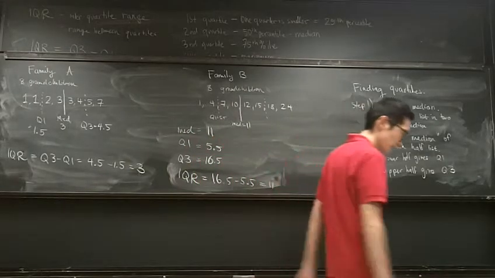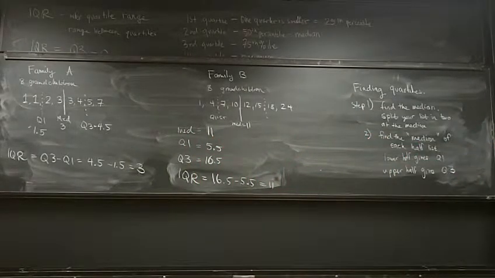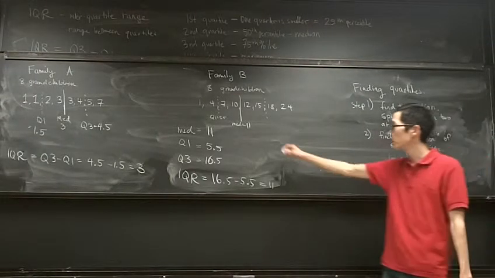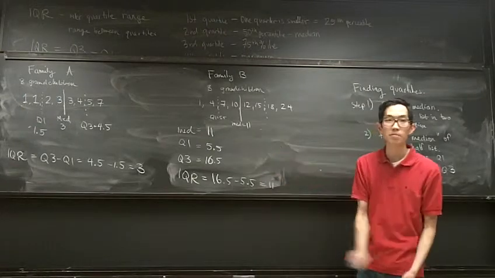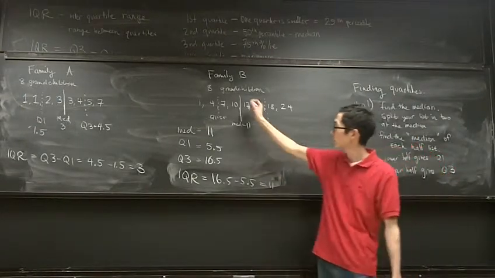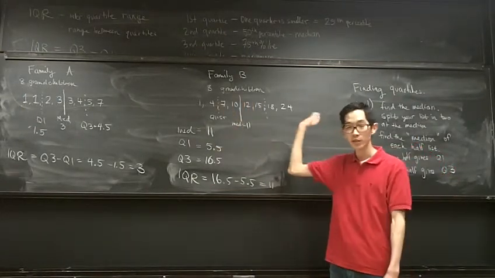For the Q1 and Q3 portion, when you count the numbers to find the median, you don't include the 11. You do not include this 11. Just take the 4 numbers that are smaller and the 4 numbers that are larger.